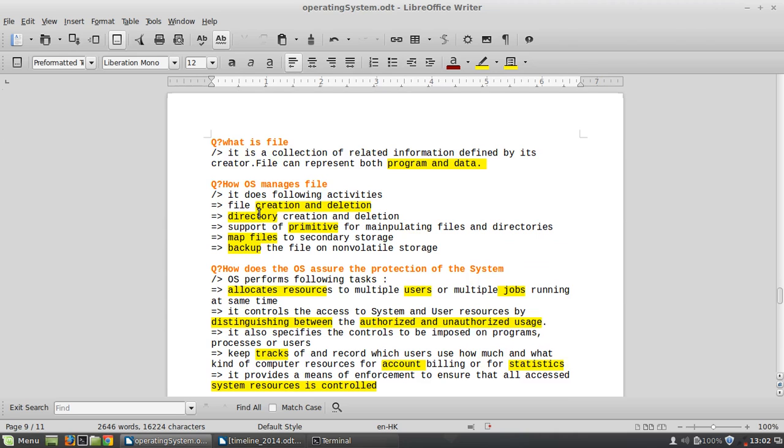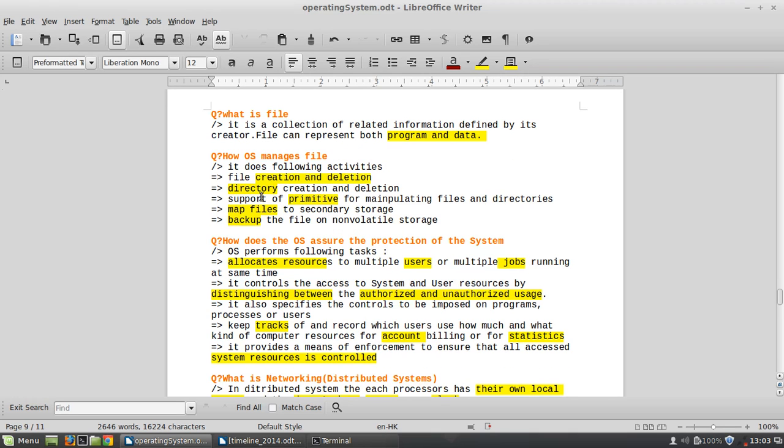Something like this. For files, it also creates and deletes files. And the directory can also be created and deleted. A directory is a collection of files. Support of primitives for manipulating files and directories is also done here.